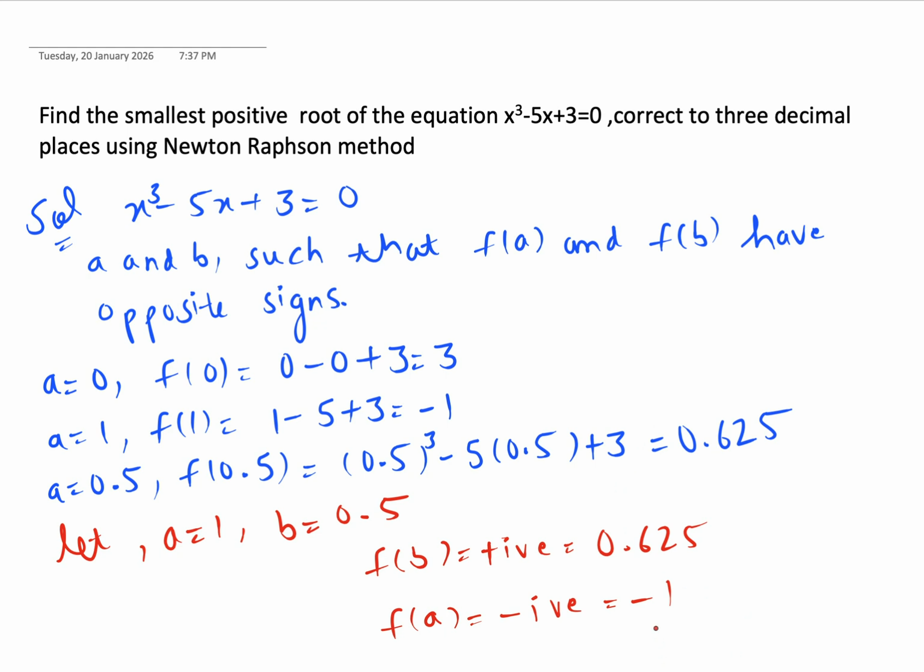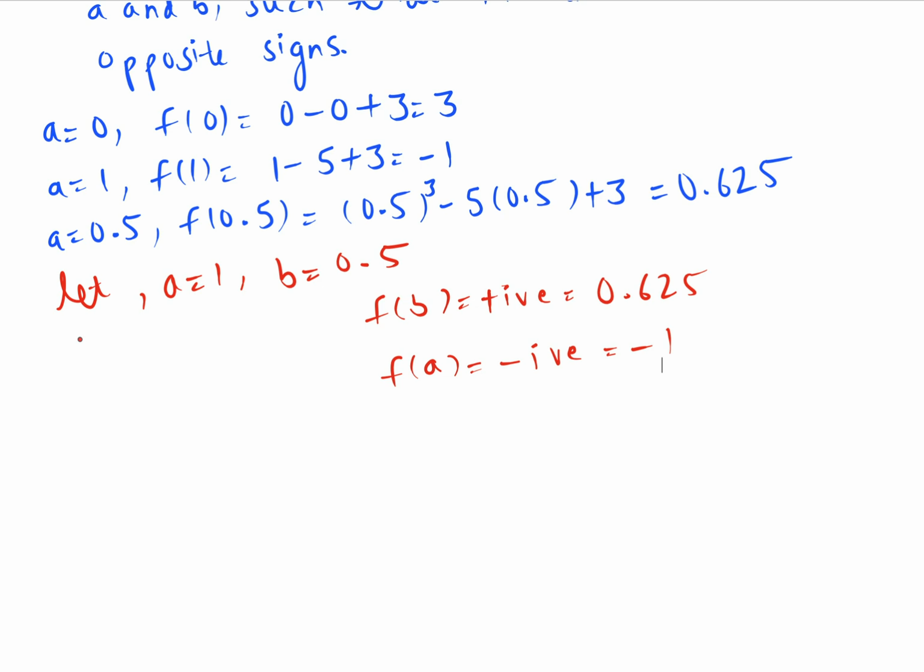So if we consider our very first initial approximation, which of them is much closer to 0, 0.625 or minus 1? So 0.625 is much closer to 0. So our initial approximation will be 0.625.